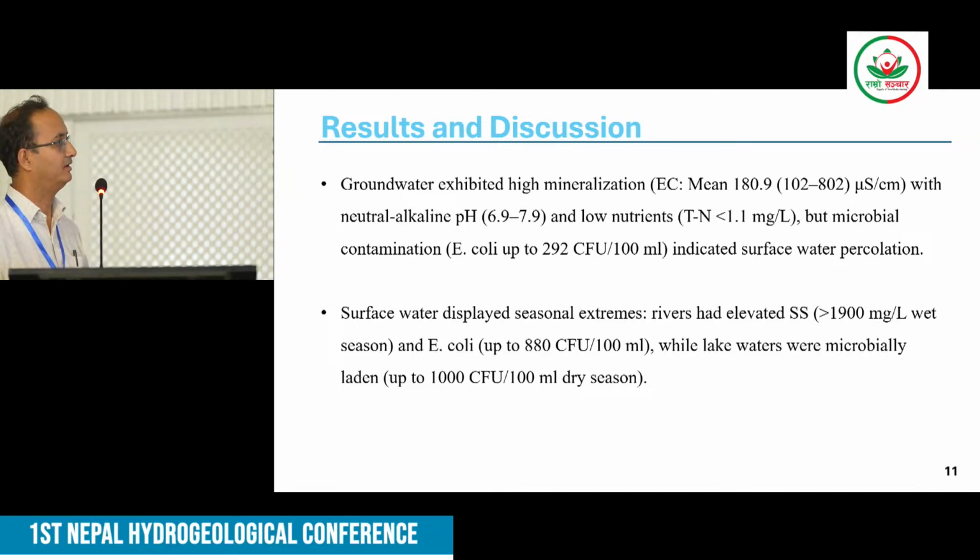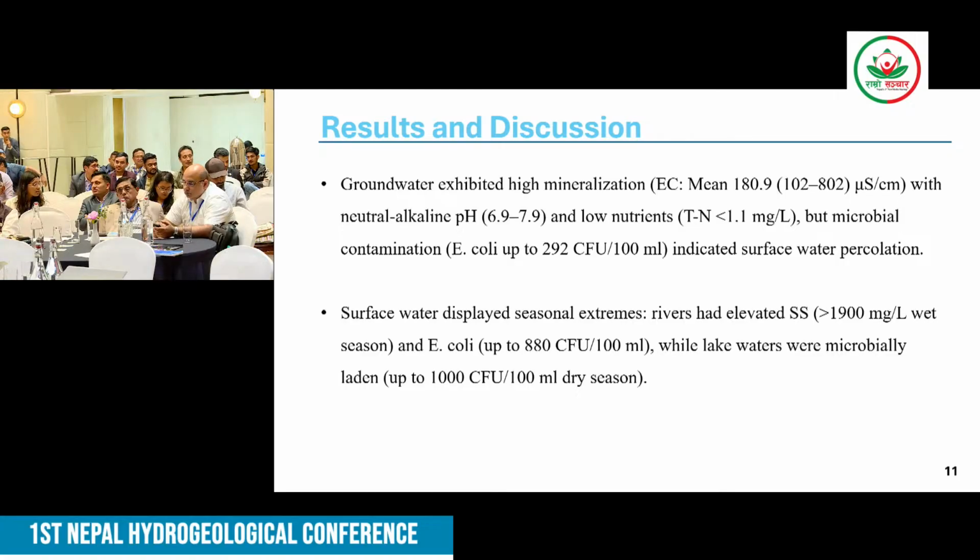The nutrients, total nitrogen and total phosphorus, are quite low, but the E. coli microbial contamination is very high. You can see the maximum is 292 CFU per 100 ml. So this indicates that the groundwater is contaminated with E. coli, and the mineralization is also high. And the surface water sources displayed seasonal extremes.